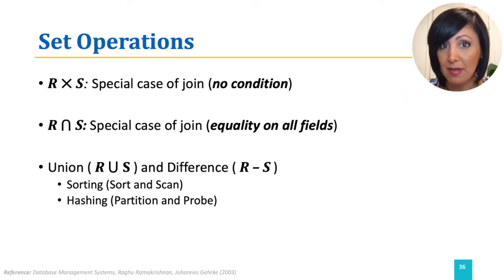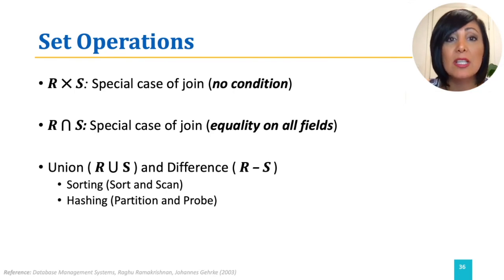The last step is scanning the sorted R and S in parallel and merging them while eliminating the duplicates. The only difference with the join is the condition for merge is the condition of the set operation for all fields, and not the join condition on join attributes. This will be merging tuples while eliminating the duplicates in R and S for union, and ensuring the tuples in S do not appear in the result in difference.